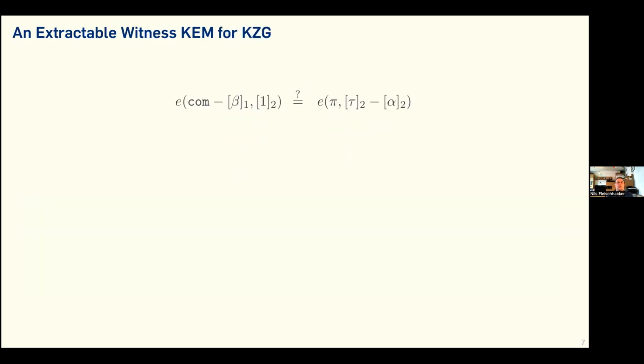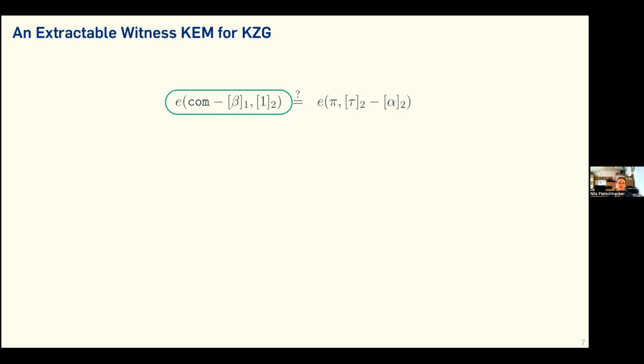Okay, so how would we go about constructing something like that for this KZG verification equation? For that, we can look at this equation and observe a couple of things. On the left-hand side, we have a pairing, and this pairing is actually computable by anyone. It only uses public information.